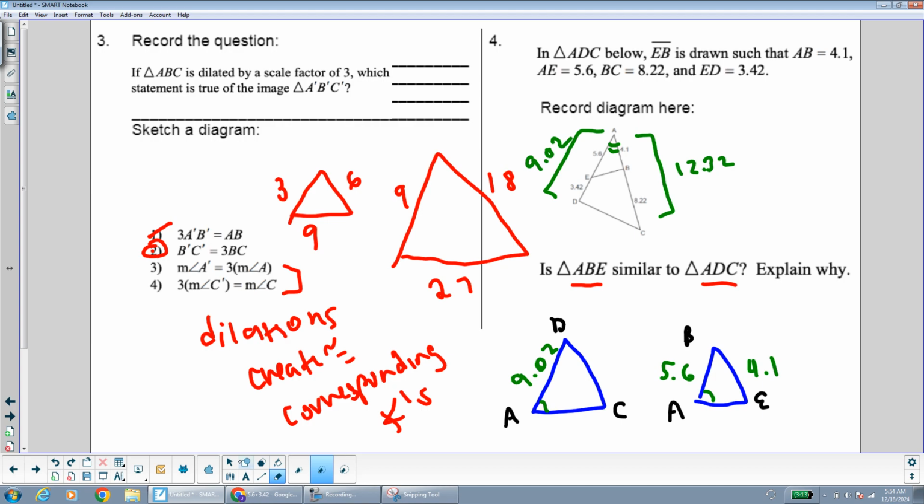AC is 12.32. And I put AE over here on BE. AE is 5.6. Much better. And if the corresponding sides are proportional, then I'll have SAS.